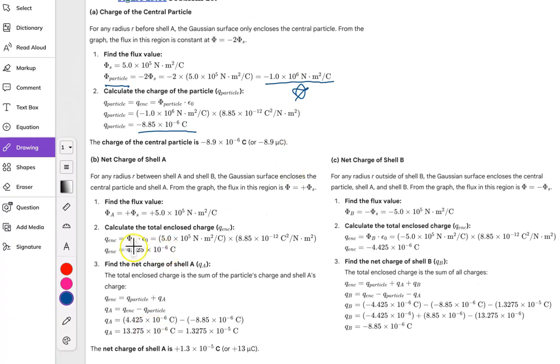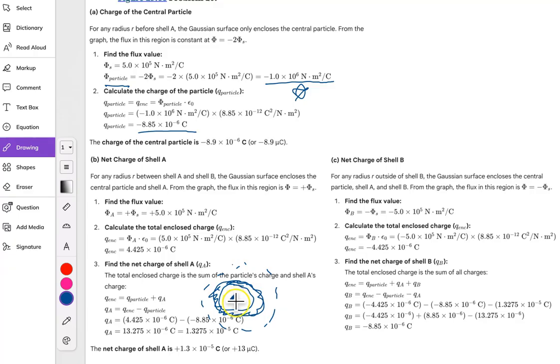So if we come back down, we find out that since we know the flux value, we can calculate the total enclosed charge. And so we're going to just take the flux times epsilon naught again. We got 4.425 times 10 to the negative 6. Now we want to find the net charge of the shell. So that's QA. So remember, we have the particle inside, and we have our shell, letter A, and we drew a Gaussian surface around both the shell and that central particle.